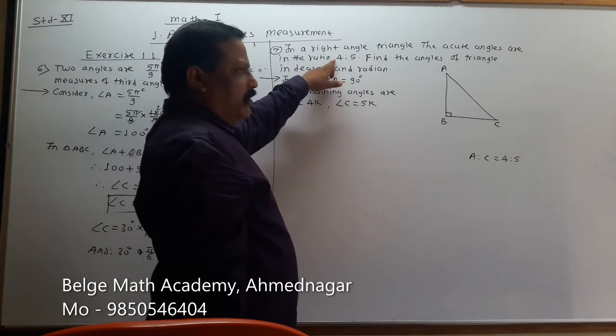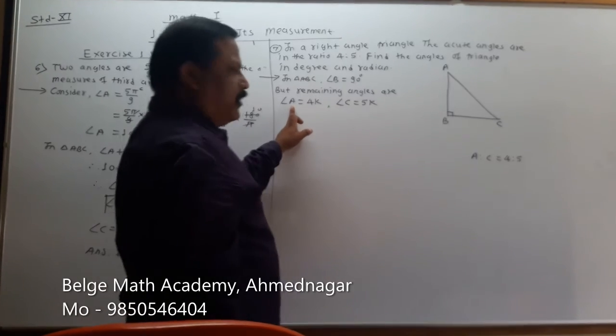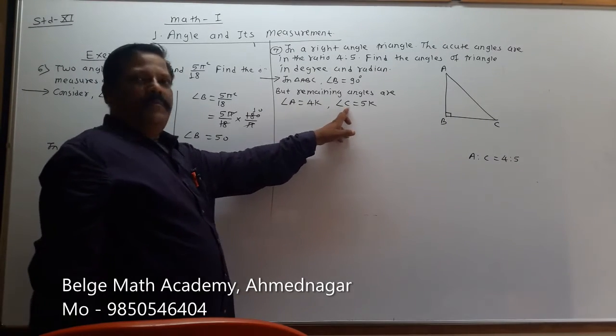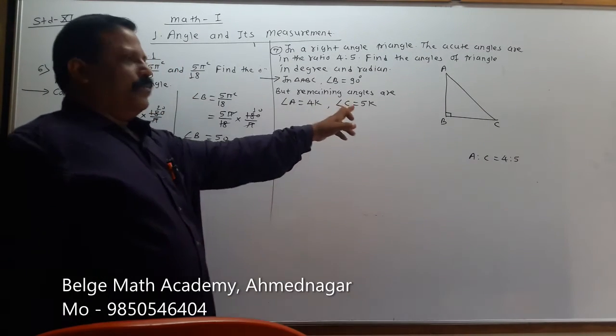So the first angle is named A and the second angle is named C. So that is 4K and 5K.